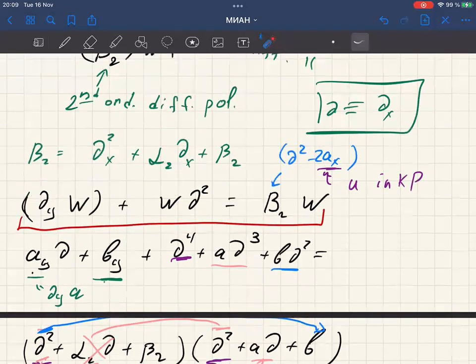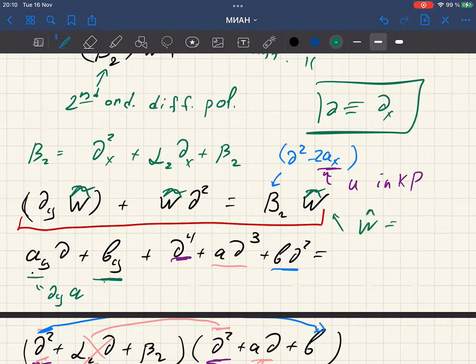But how to say? Here, W is a differential operator, but what we could do is take the W tilde such that W hat equals W d square.